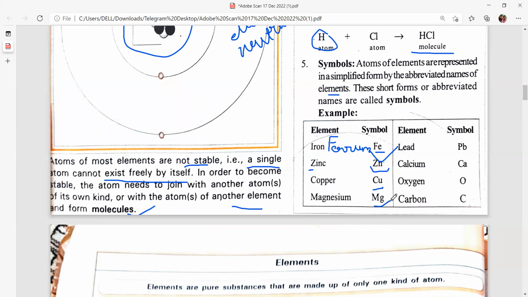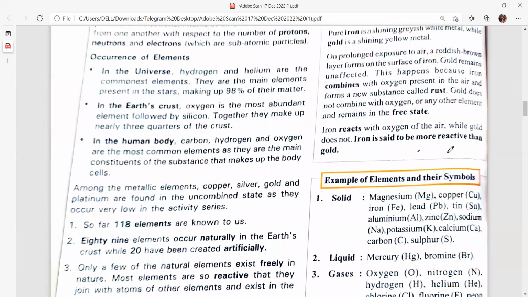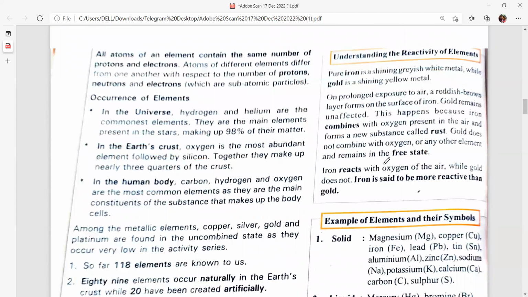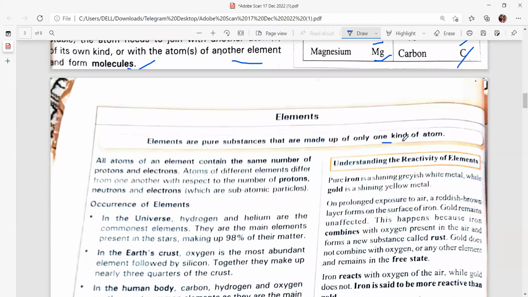Magnesium is Mg. Lead is Pb. Calcium is Ca. Oxygen is O. And carbon is C. This one you have to remember. Lead is Pb, from plumbum. Okay. Now elements. What are elements? Elements are pure substances that are made up of one kind of atom.